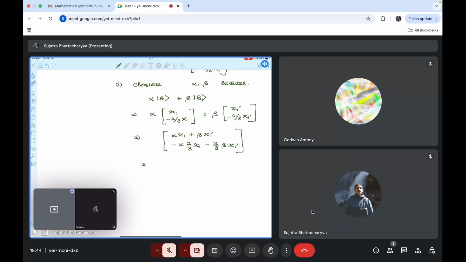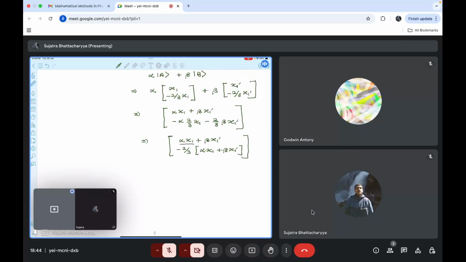Fine. So we can rewrite it properly: alpha x1 plus beta x1 dash, and minus 2 by 3 can be taken common, again alpha x1 plus beta x1 dash. Okay. This is the second element.